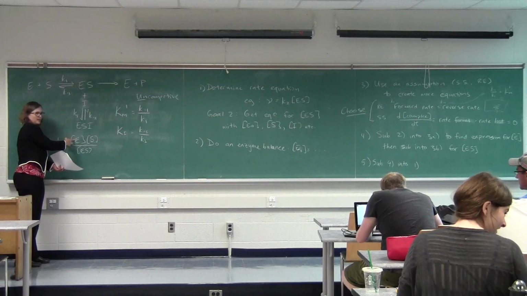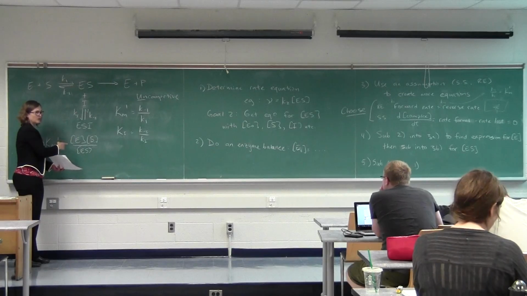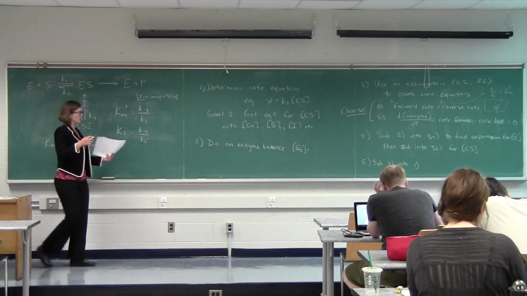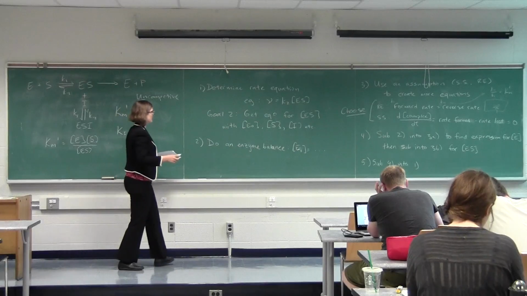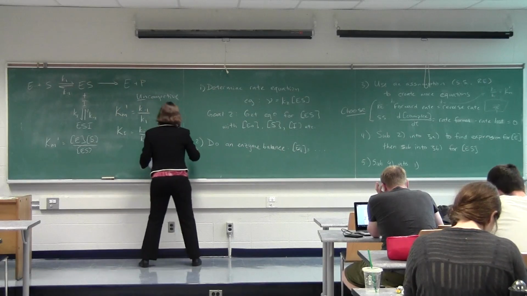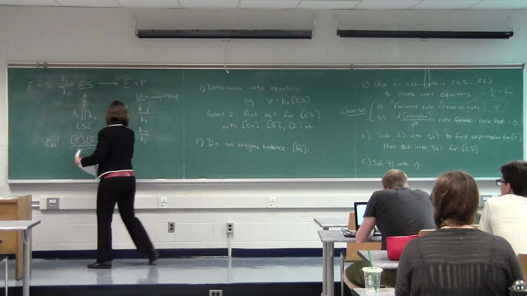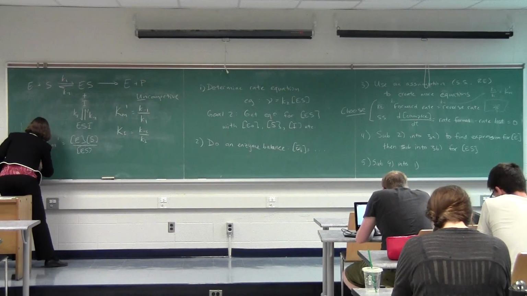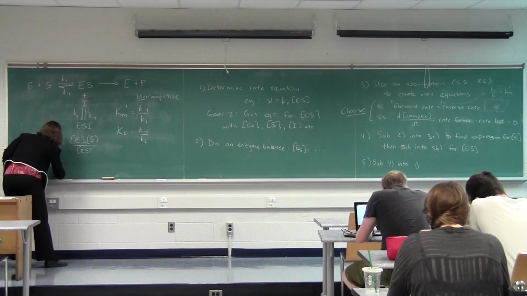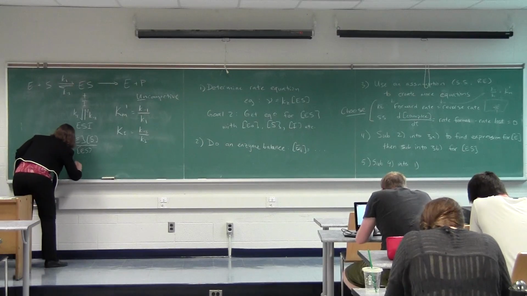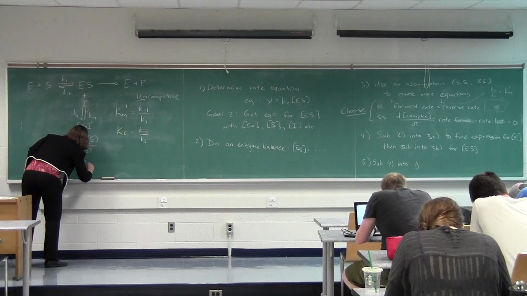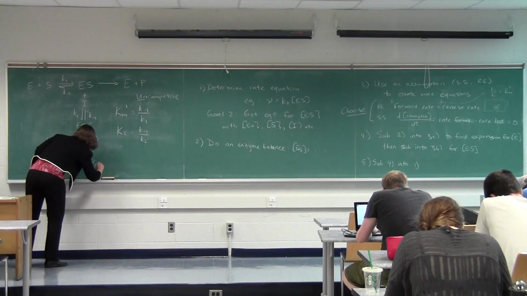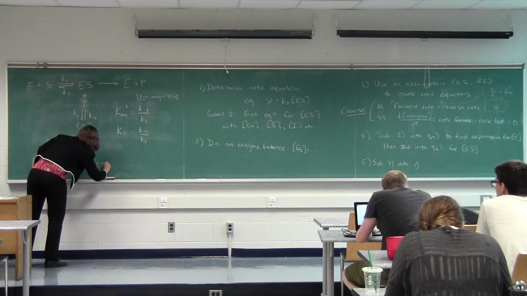So you can put that in there. So, okay, let's go through it a little bit more slowly. We've got now, let's rearrange it. We've got this, and we've got E, our enzyme balance, equals E naught minus ES minus ESI, right?